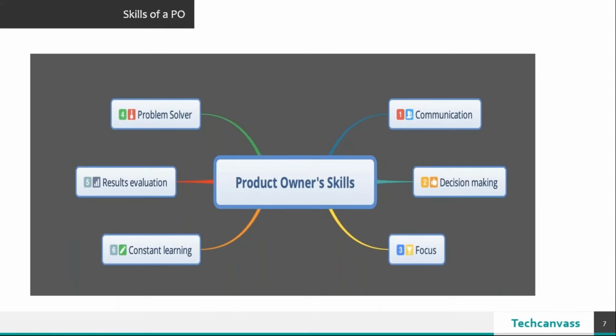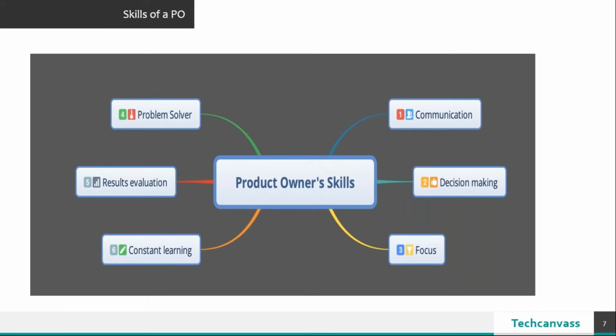Right. Again, talking about the skills that a product owner would have. Something that we've already gone through, but just a quick touch upon is, again, he or she needs to be a great communicator, because they're constantly communicating with the team. The decision making capacity is very important, because you are the one who's deciding upon prioritizing different features into your product roadmap.